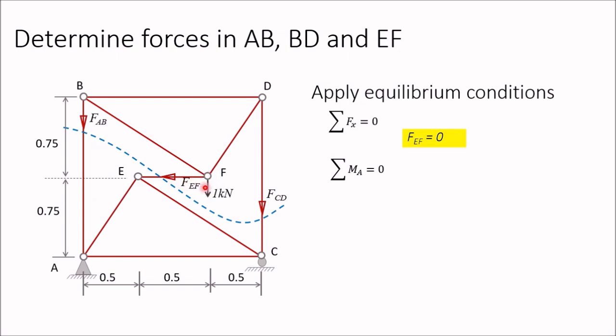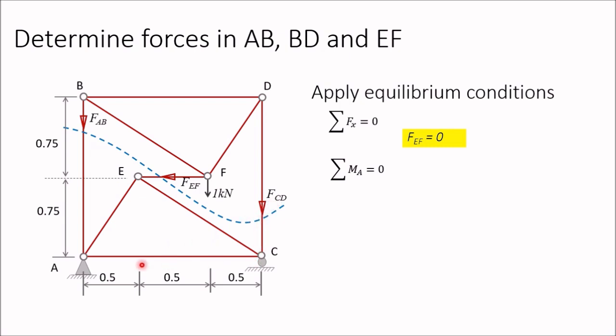Now third force is 1 kilonewton. Its perpendicular distance from A, when you extend this 1 kilonewton, will be 1. So moment of 1 kilonewton will be 1 into this distance 1, and that will be positive because moment of 1 kilonewton about A is clockwise. So I am taking clockwise as positive and anti-clockwise as negative moment. And last one is FCD.